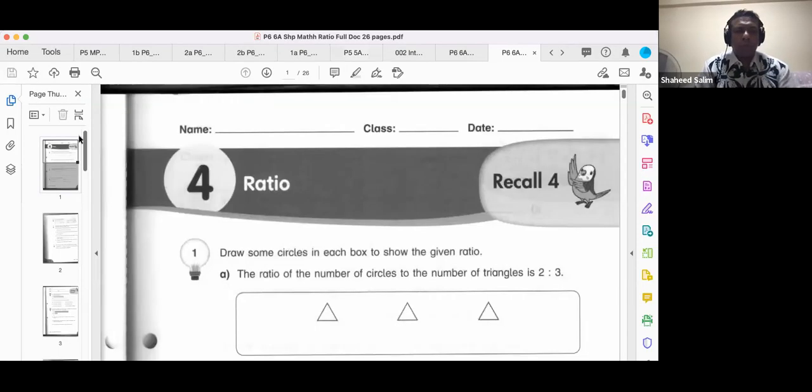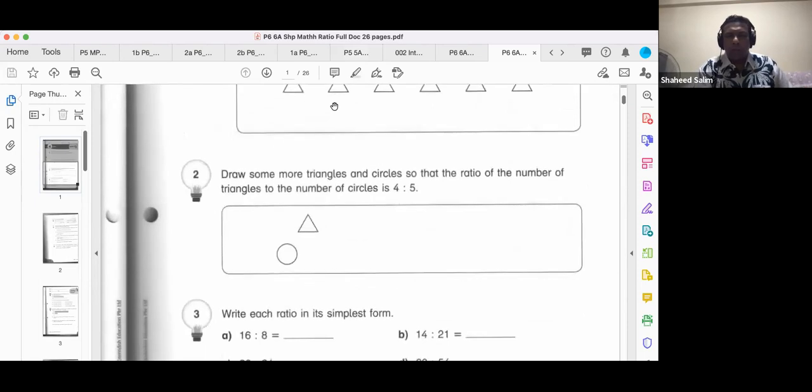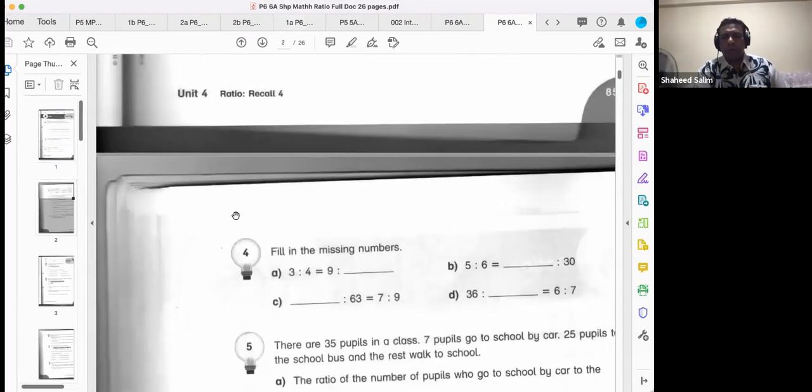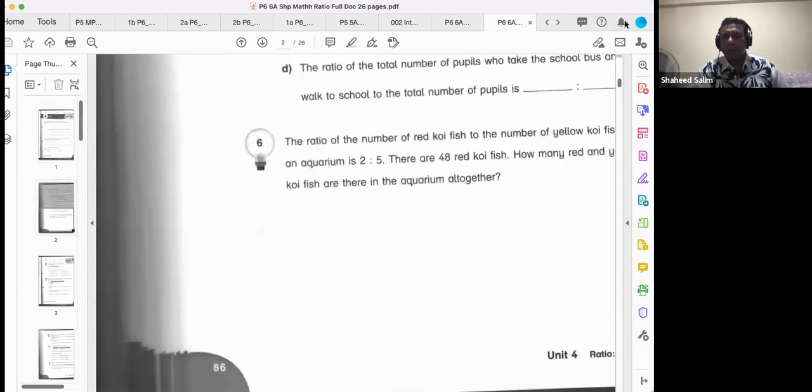All right, we are going to go through ratio again, and hopefully part of it. So I won't go through the simple ones. This is now from Shaping Maths.